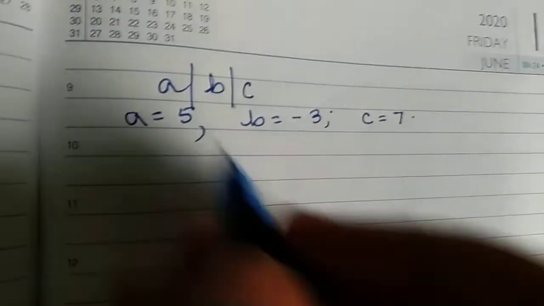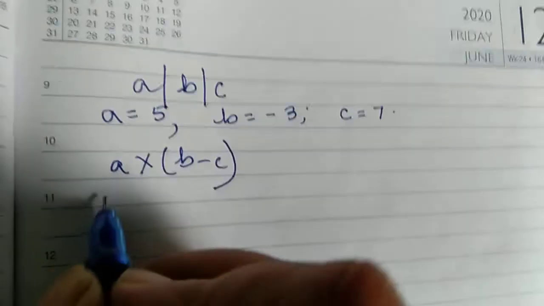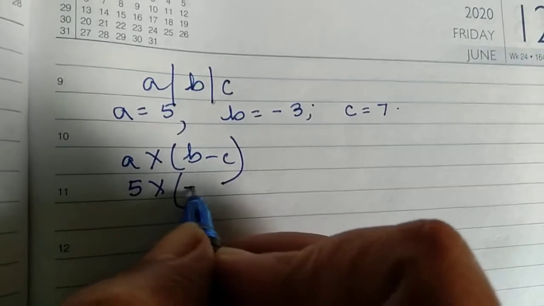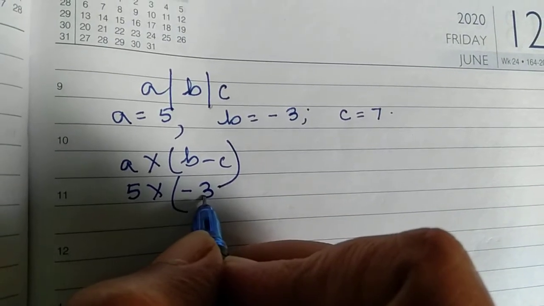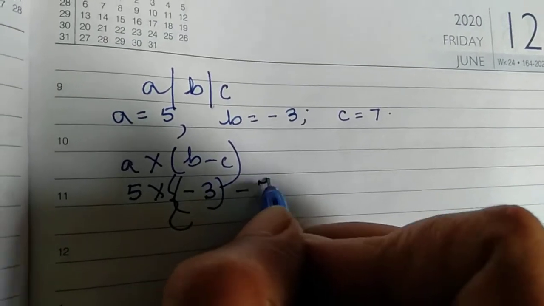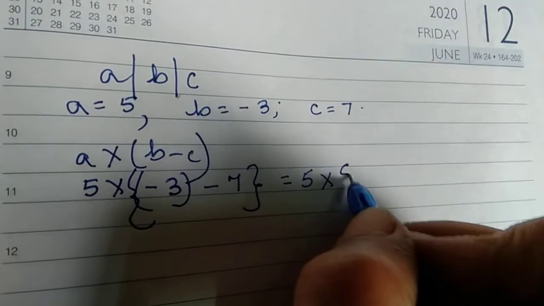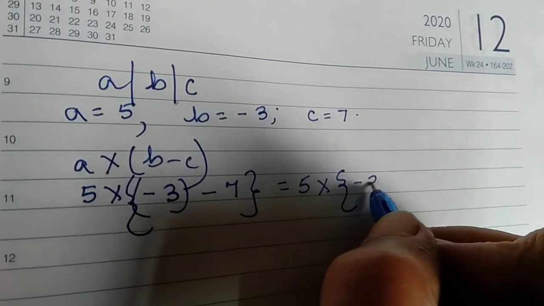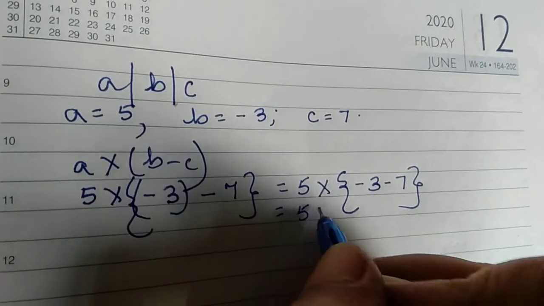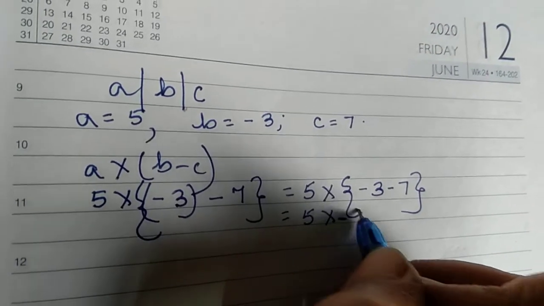So now, if we do a into b minus c, I'll just substitute the values, girls. 5 into minus 3 minus 7. So that is equal to 5 into minus 3 minus 7. If I do this, then it is 5 into, this is what, girls? This is minus 10.